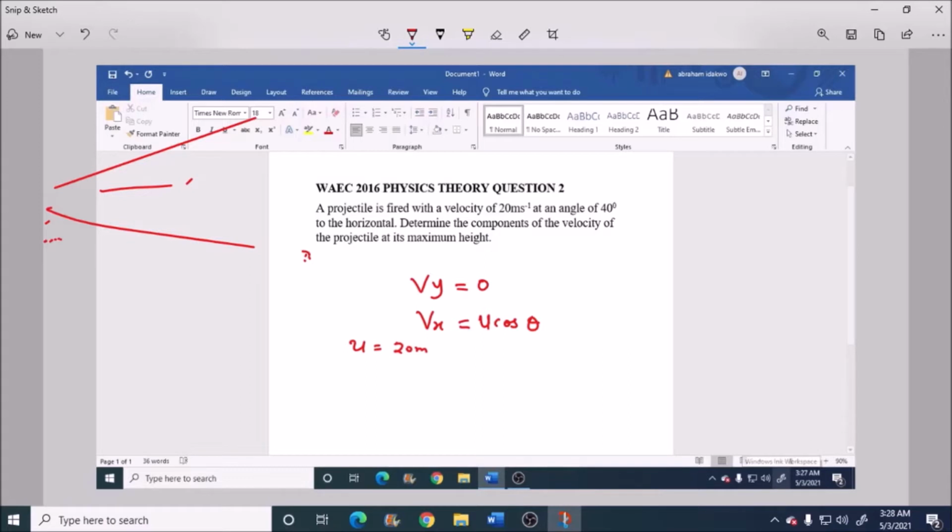So we have Vx equal to u cos theta, which is 20 cos 40 degrees. This will give us 15.32 meters per second.